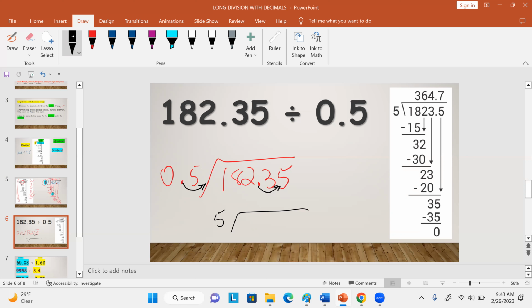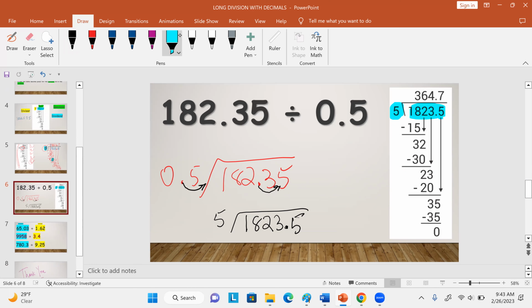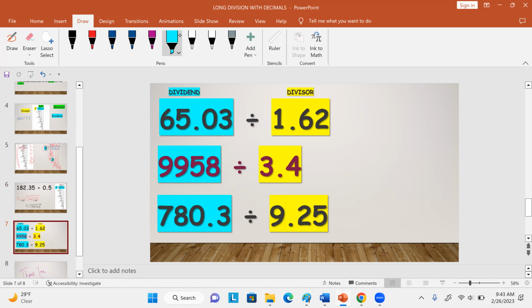So we move one time, so we're gonna have 1, 8, 2, 3, and the decimal gonna be here. So that's what they have here. So the thing changed to 1823.5 divided by 5. Okay, let's see more in case you have different options.